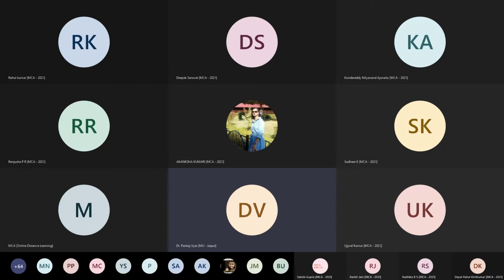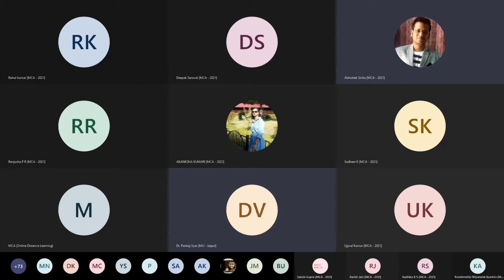You can also focus upon parallel databases and distributed databases. There are certain assignment questions that I have given you.